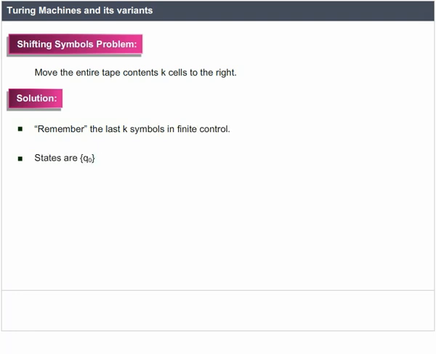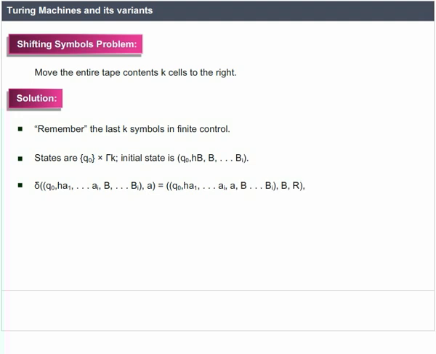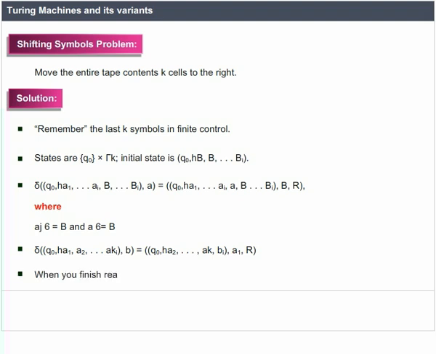Initial state is [q0, B...B]. δ([q0, a1...ak], a) = ([q0, a2...ak a], a1, R) where a ≠ B and a1 ≠ B. When you finish reading the tape, write everything in your finite control and accept.